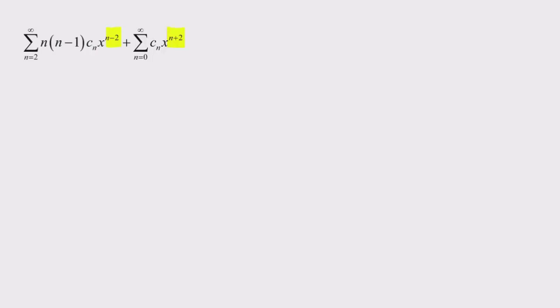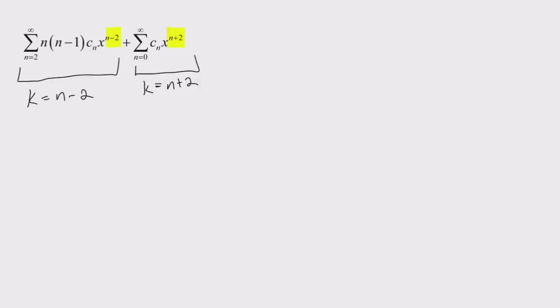So in the first pattern, let's let k equal n minus 2. And in the second pattern, let's let k equal n plus 2. All right, and so what does that tell us about n?